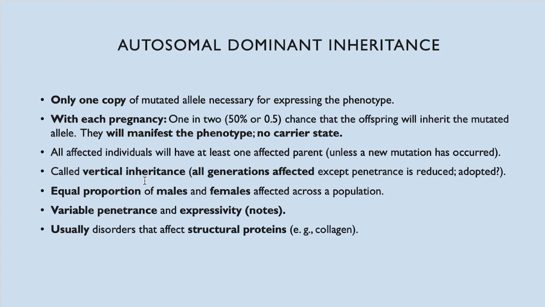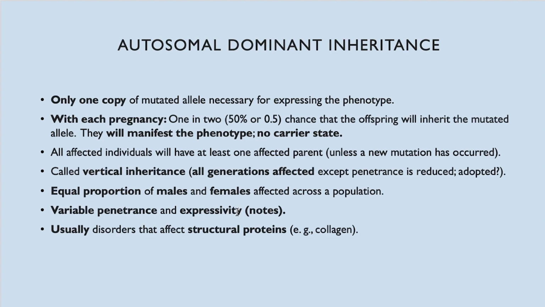It's going to affect males and females equally, but the phenotype will have differences. Maybe two kids in the same family inherit the mutation, but they don't manifest the disease in the same way, because these conditions have variable penetrance and expressivity.